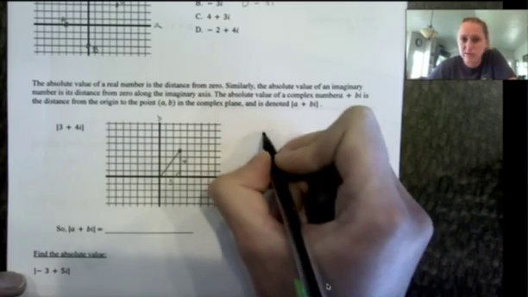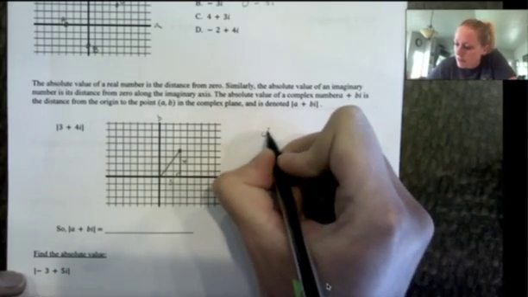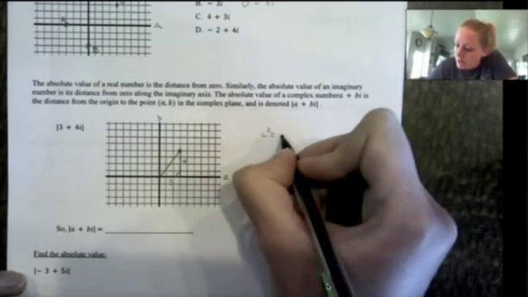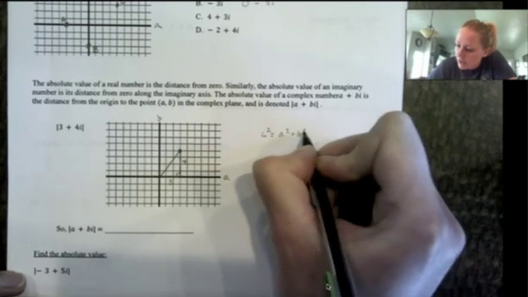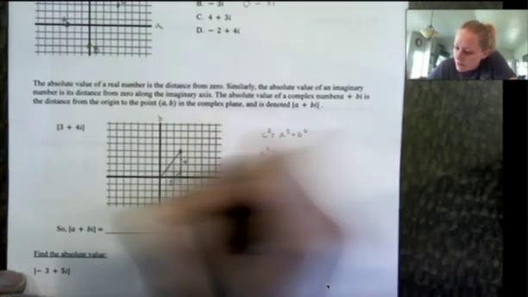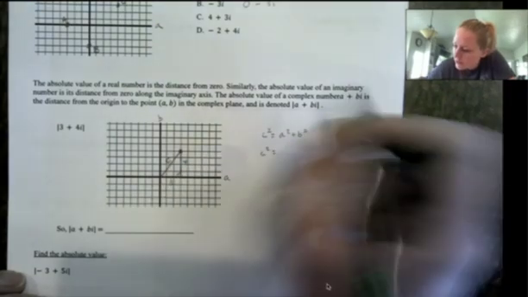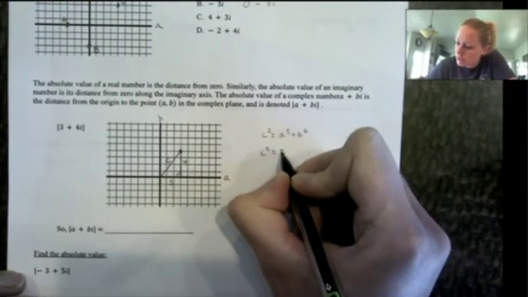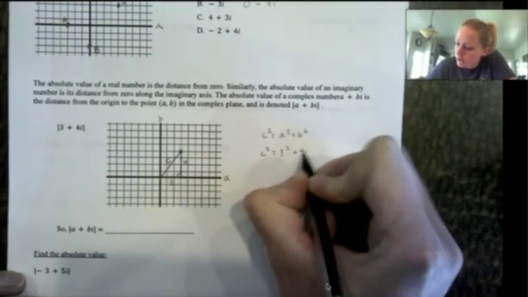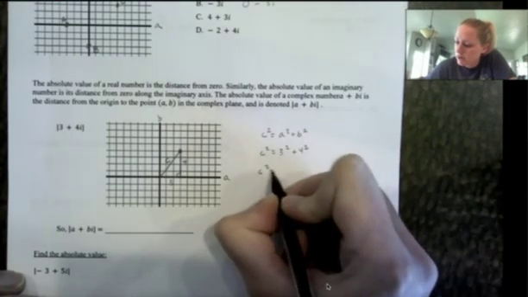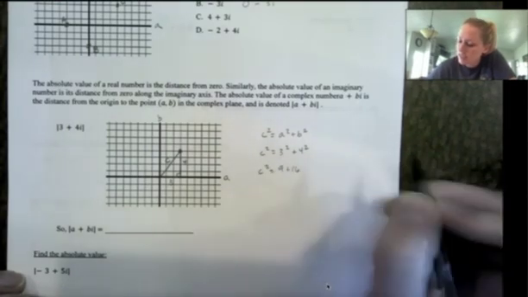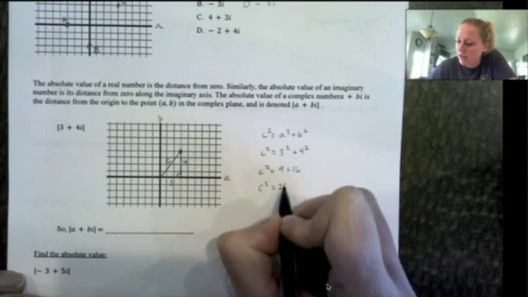So I'm going to use the Pythagorean theorem. So I'm going to say c squared equals a squared plus b squared, right? And c being the length of the hypotenuse here. So a squared is 3 squared, b squared is 4 squared. So c squared is 9 plus 16. So c squared is 25.